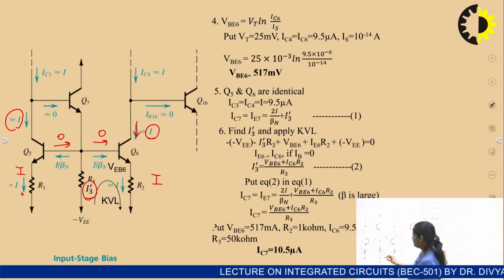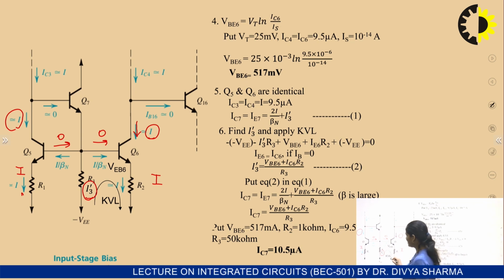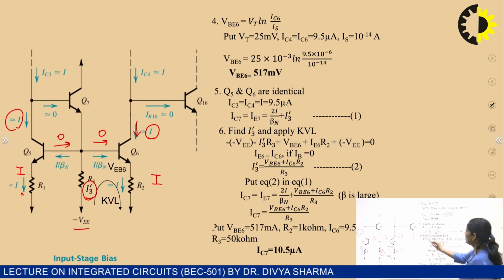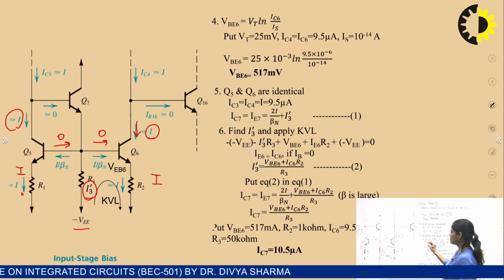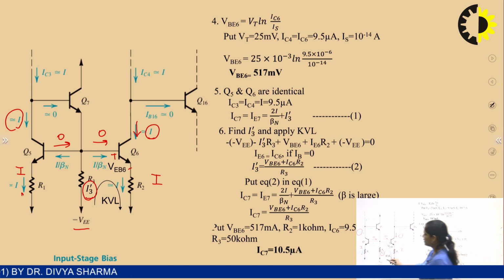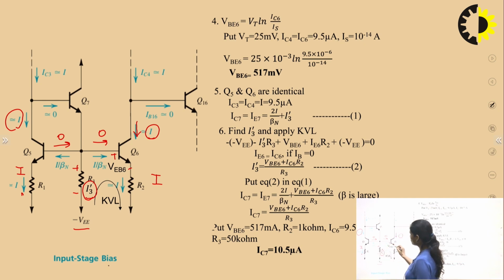For I3 dash, we have to apply KVL in this circuit diagram. When we are applying KVL, minus V minus I3 dash R3, now this is plus, this is minus, this is equal to plus V. If we are moving in the current direction, going from minus to plus, plus to minus is plus.